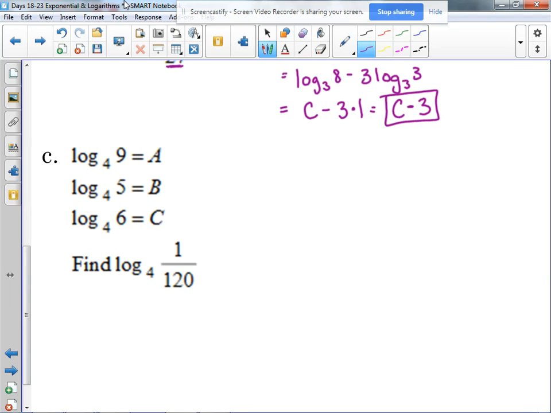Log base 4 of 9 is equal to A. Log base 4 of 5 is equal to B. Log base 4 of 6 is equal to C. And we need to find log base 4 of 1 over 120.